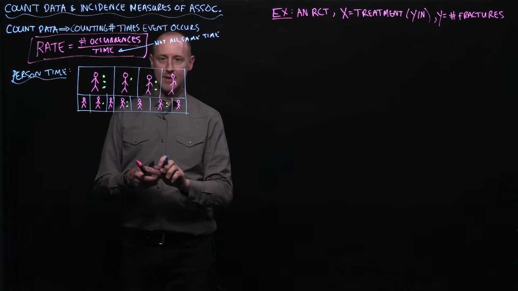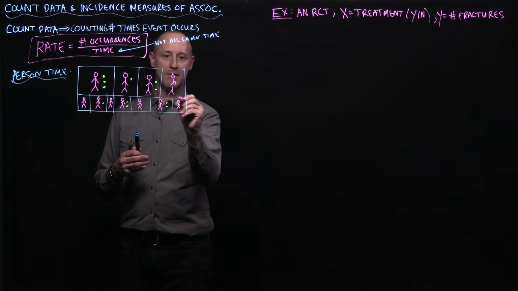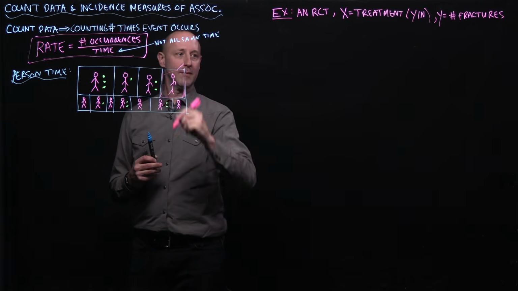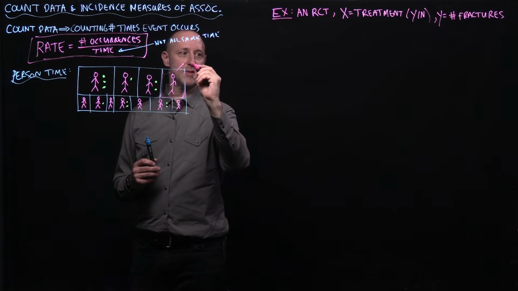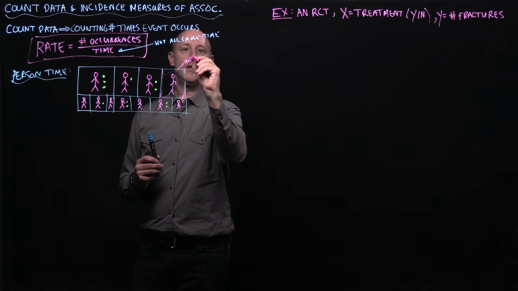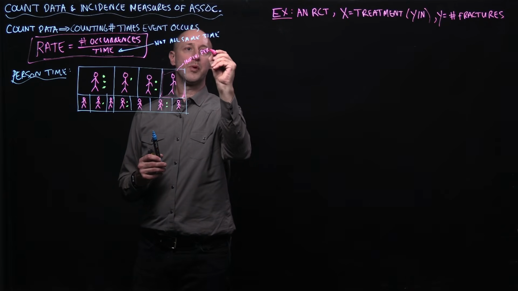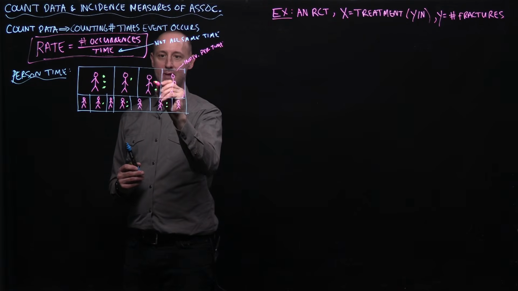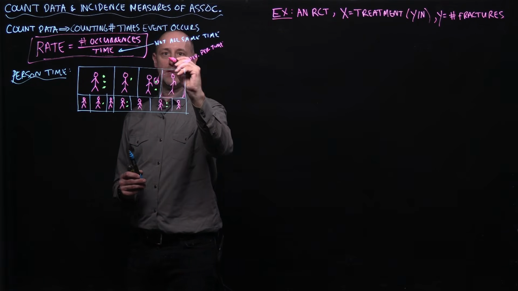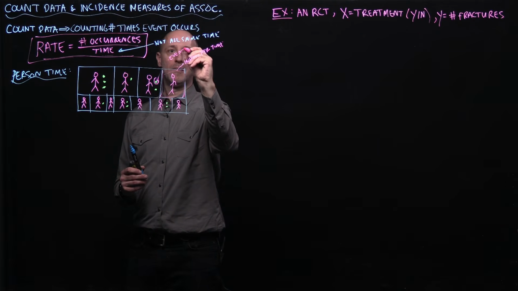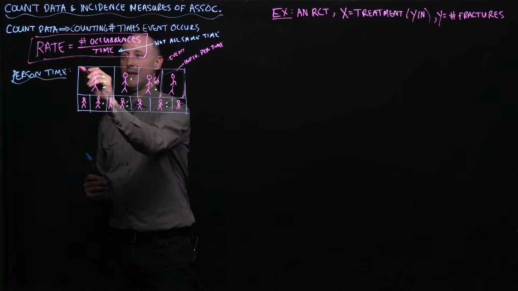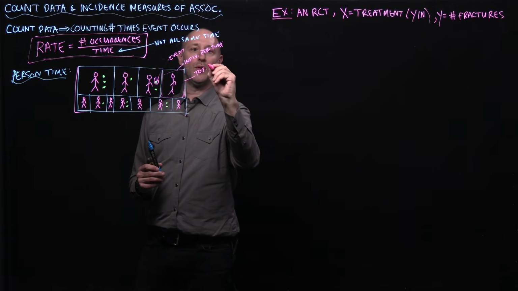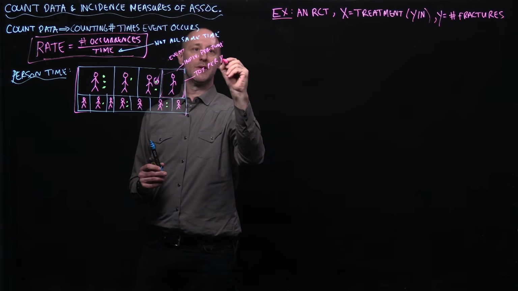Okay, so each of these rectangles, each of these represents the individual's person time contributed. Okay, it's the amount of time that person contributed. Right? Again, these are the events. Okay, and the entire rectangle is the total person years.